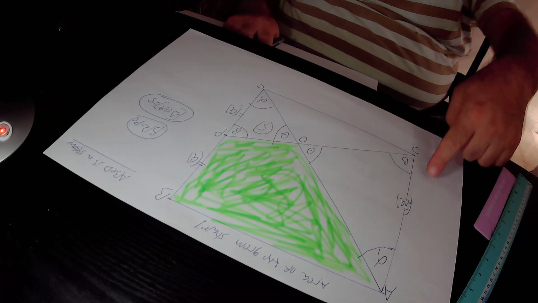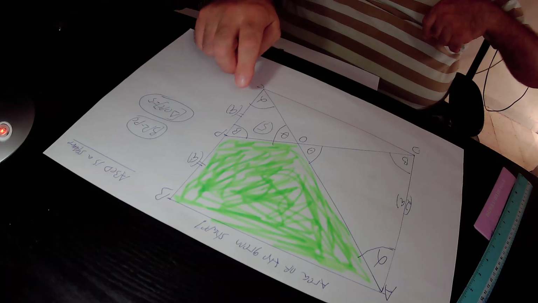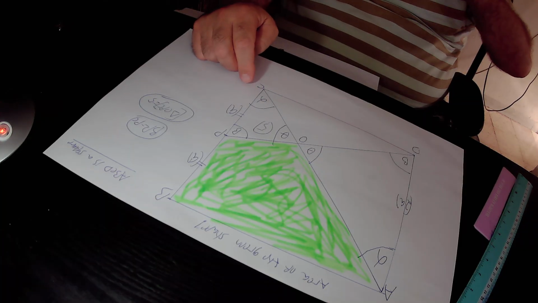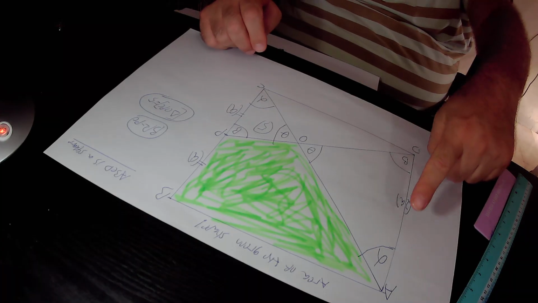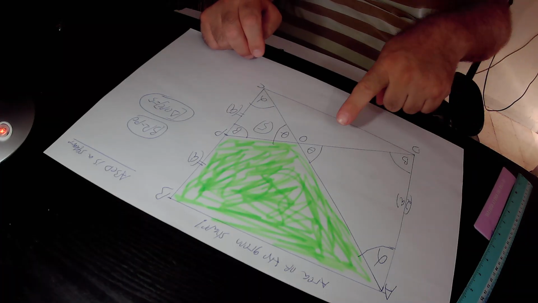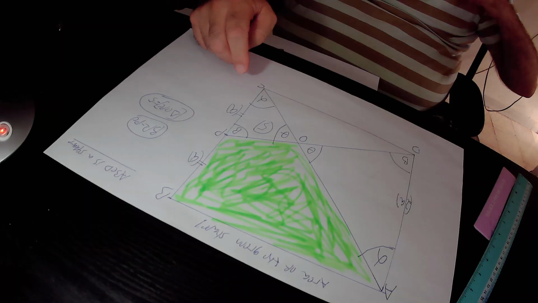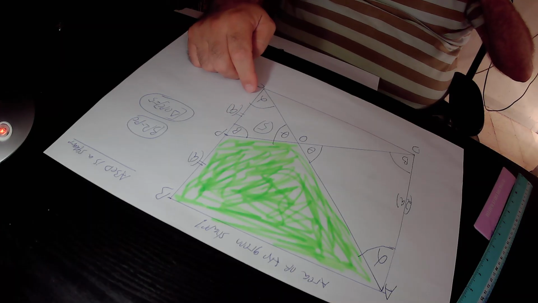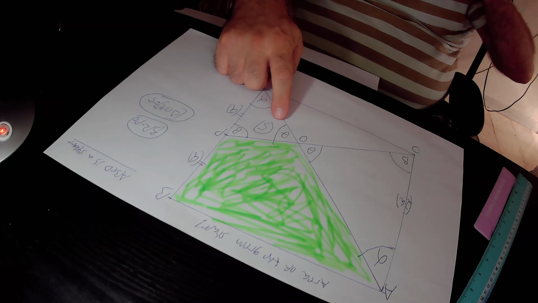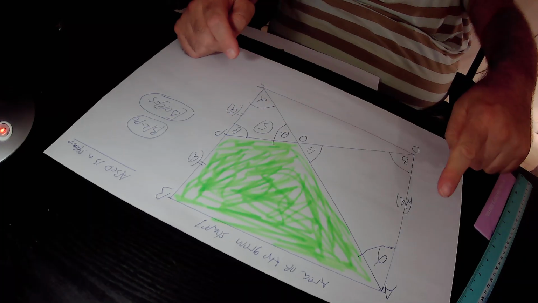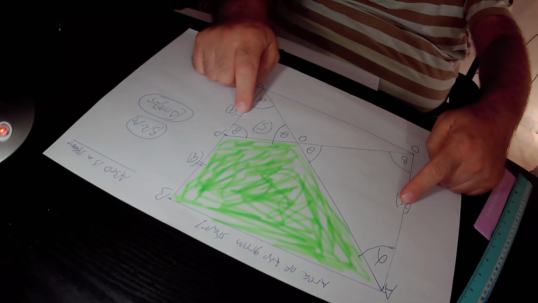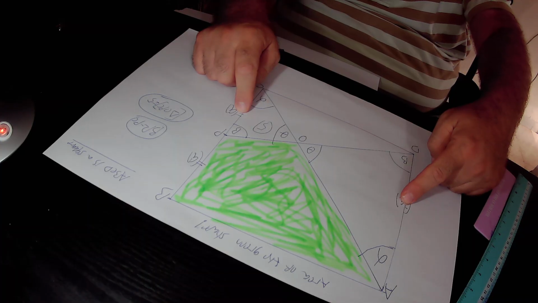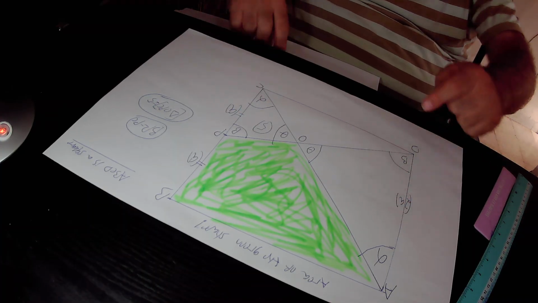Side AD of triangle ADO is the corresponding side of side PC of triangle POC. Why is side AD the corresponding side of side PC? Because side AD is located in front of angle theta, and likewise side PC is also located in front of the same angle theta. Therefore, side AD is the corresponding side of side PC. And the square of the ratio of those two corresponding sides is of course AD over PC squared.